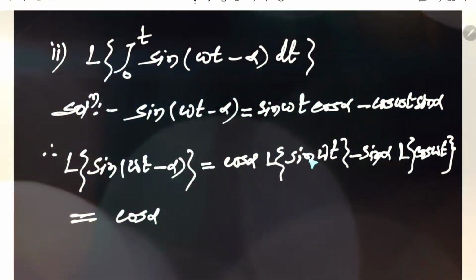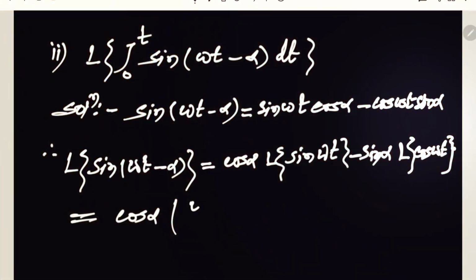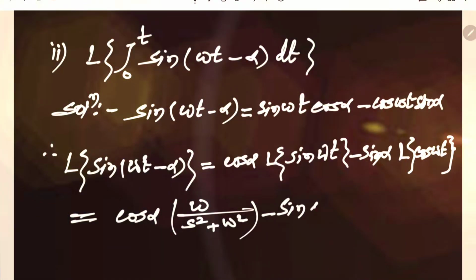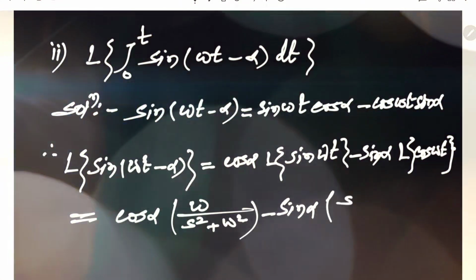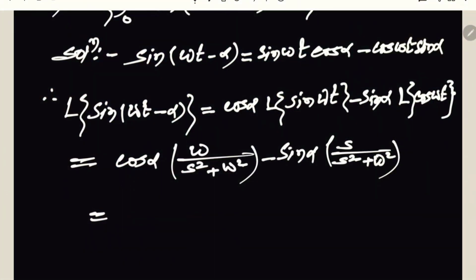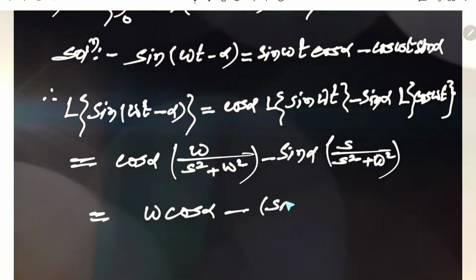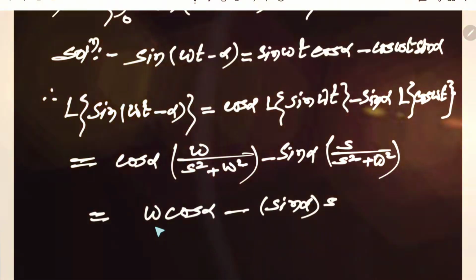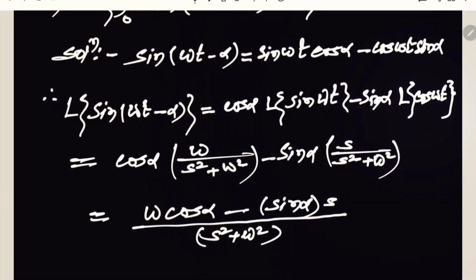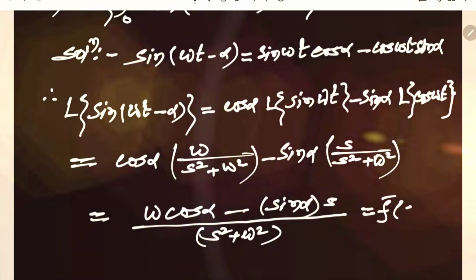Laplace of sin omega t is omega upon s square plus omega square, standard result, minus sin alpha also as it is, and Laplace of cos omega t is s upon s square plus omega square, and we call this f bar of s. Or we can take the LCM as s square plus omega square, so that in the numerator we have omega cos alpha minus sin alpha into s, whole divided by s square plus omega square, and this is f bar of s.